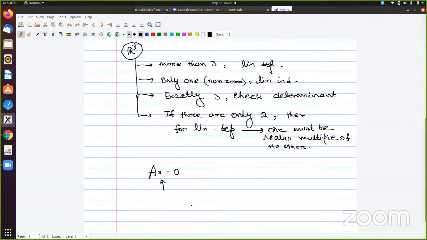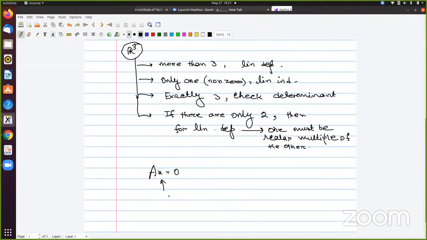Correct? If there is a unique non-zero solution, then it is linearly dependent? Unique non-zero cannot happen. For this type of equation, if it has a unique solution, what is the solution? Zero, because zero is always a solution.